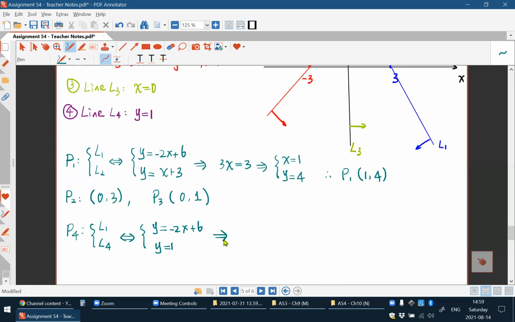Of course, it's very easy to solve that. The intersection point has y coordinate being 1 and x coordinate being 5/2, right? So the coordinates of P4 is (5/2, 1), right? Okay, so we have the coordinates of P1, P2, P3, and P4 now.